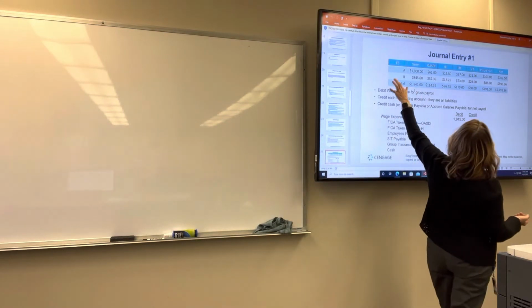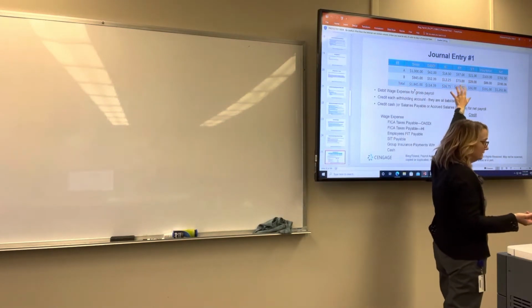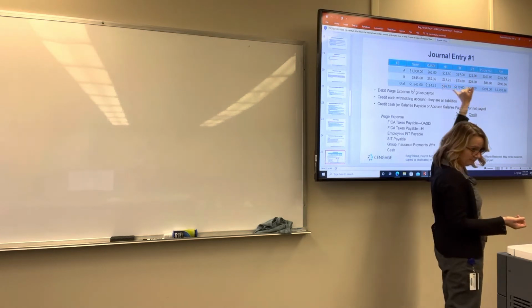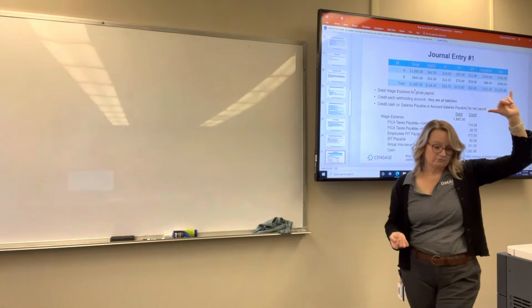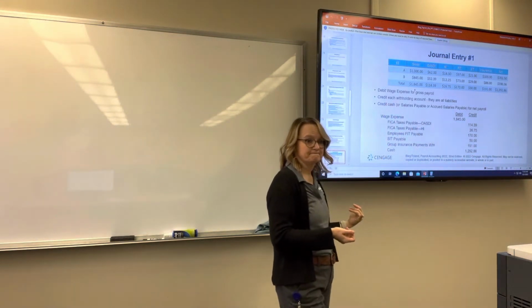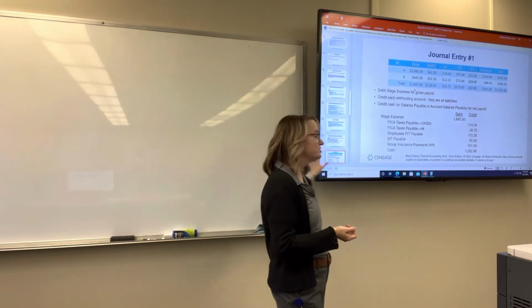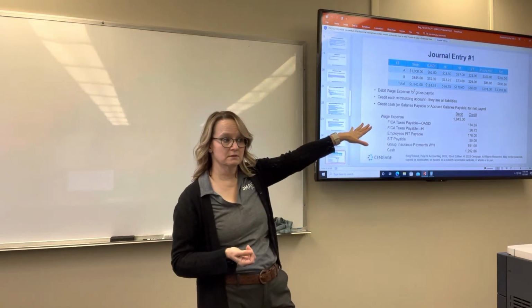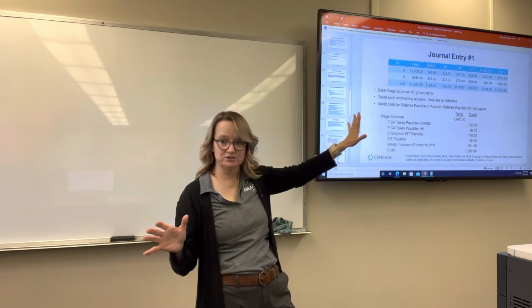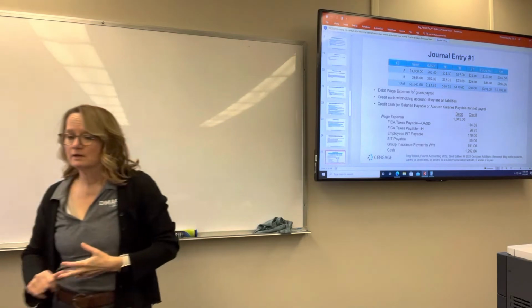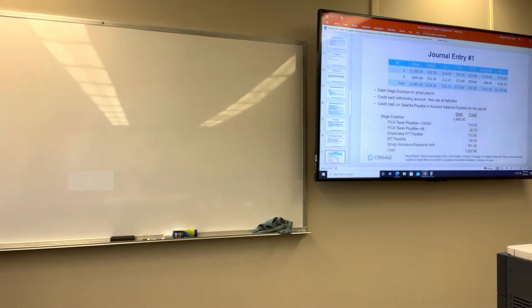Once you've got the payroll register completed, all of that information is right there for you to create that journal entry. Questions about this journal entry? Pretty self-explanatory? Okay. So that's the first one.